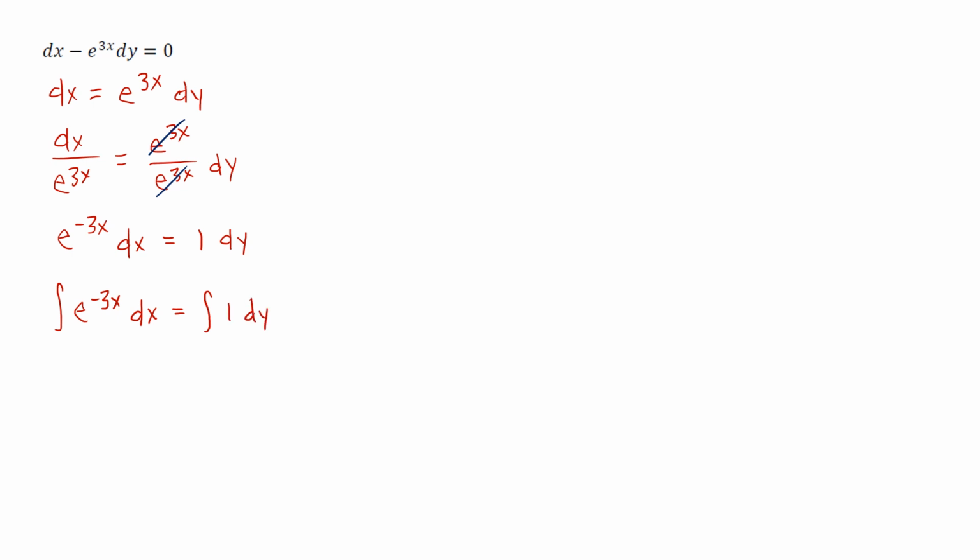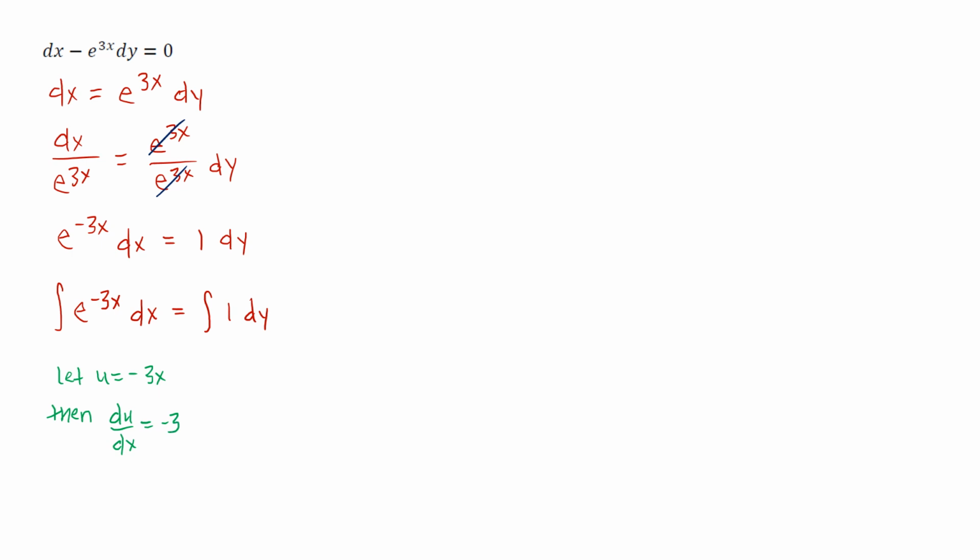Okay, so next is to integrate both sides. When I integrate both sides, because I'm dealing with e, I'm going to need to use u substitution. So let's set that up. So we're going to let u equal negative 3x. So then du/dx will equal negative 3.